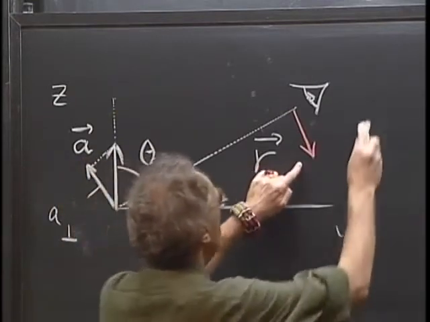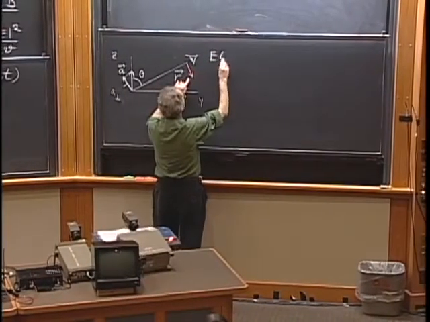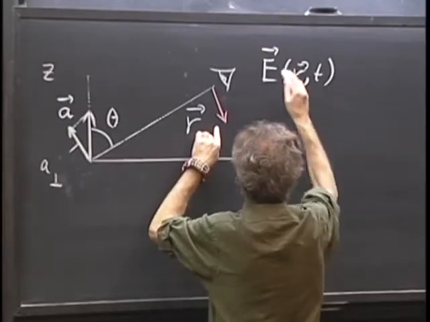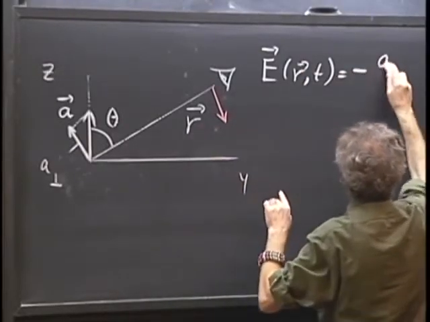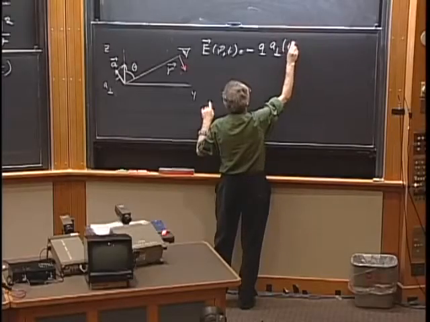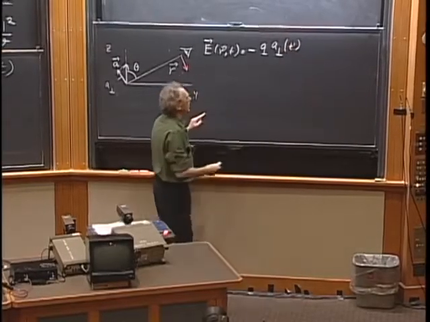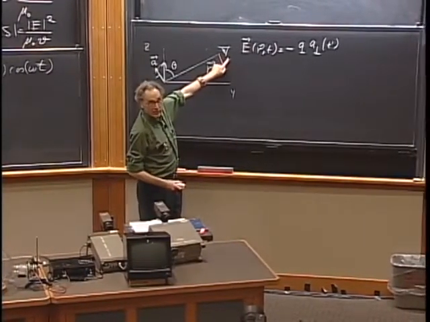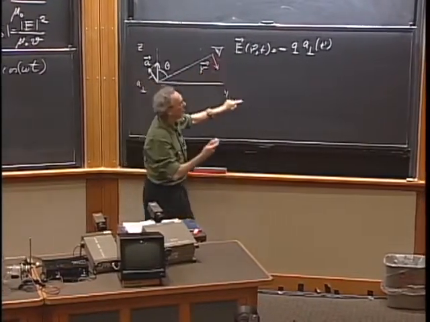The E vector that you experience at time t is then minus Q times A perpendicular at time t prime, because the acceleration took place earlier than when the signal arrives where I am, because it takes time to travel.